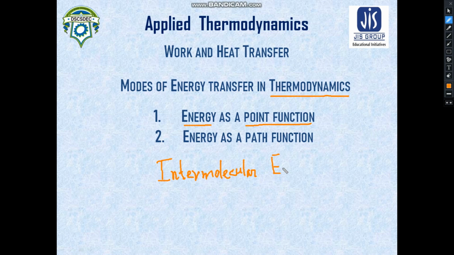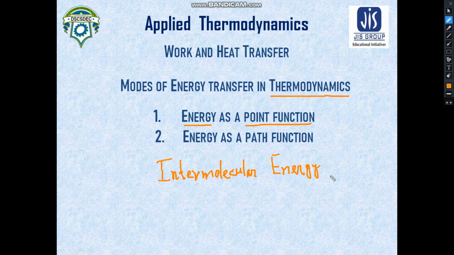Internal energy is the whole summation of all energies which a molecule possesses, whereas intermolecular energy refers to the energy which is only because of the temperature. The molecular motion which generates because of temperature generates an energy. This is referred to as intermolecular energy.